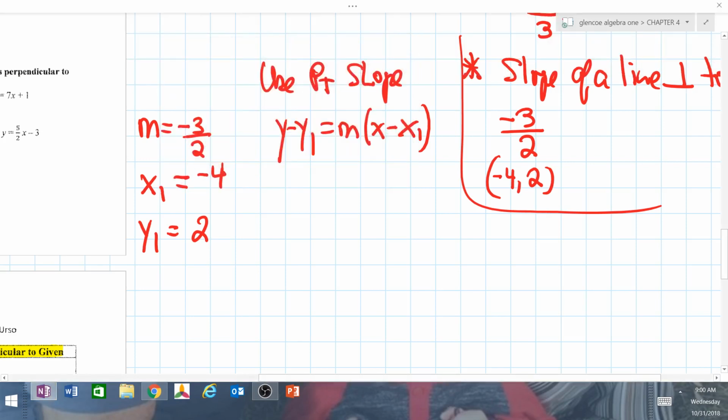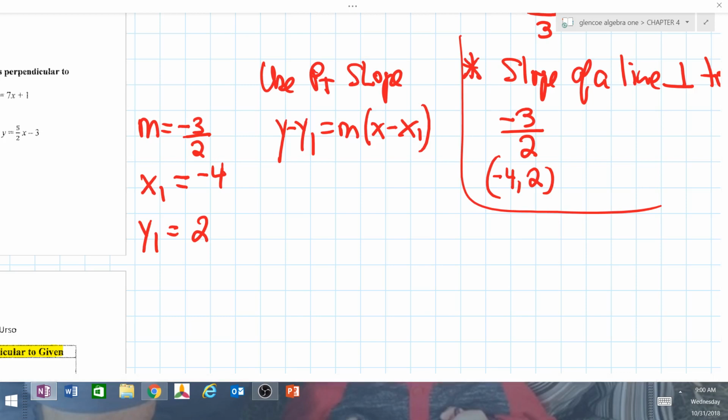Let me just give you a hint. A lot of times on a multiple choice test, once you found what the slope of the new line is, if it said parallel, then you're looking for answers that have the same slope. If it says perpendicular, you're looking for a slope that's the negative reciprocal.